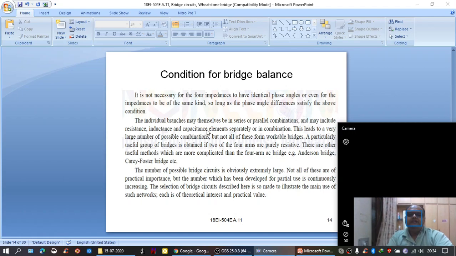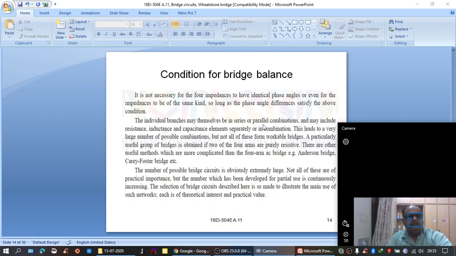The individual branches may themselves be in series or parallel combinations and may include resistance, inductance, and capacitance elements separately or in combination. That is, an arm can be either a simple capacitance or a parallel combination of resistance and capacitance. Similarly, an arm can be a simple inductance or a series combination of resistance and inductance.